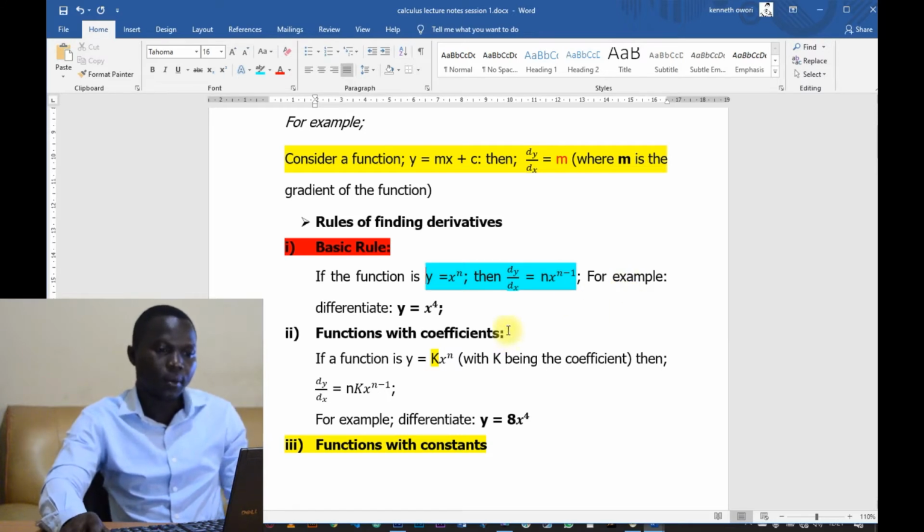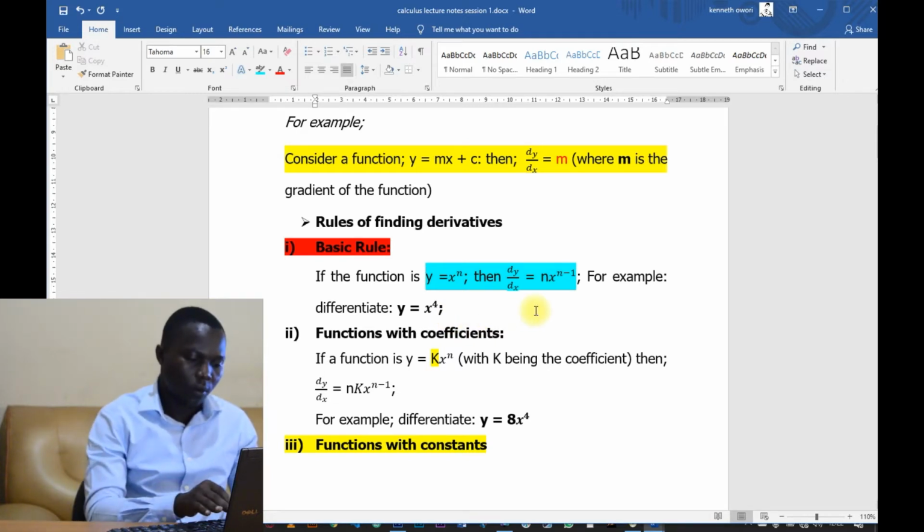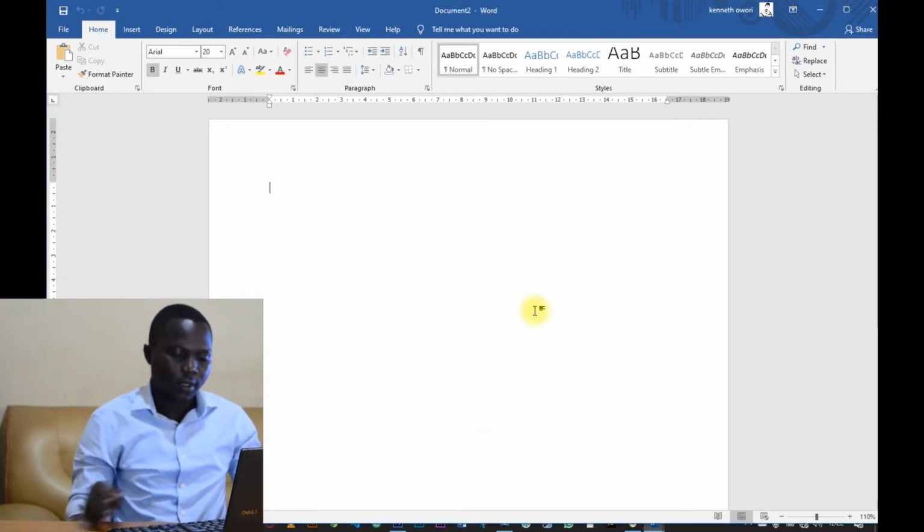So you have an example that says differentiate x power 4. Let's see how we can differentiate x power 4.